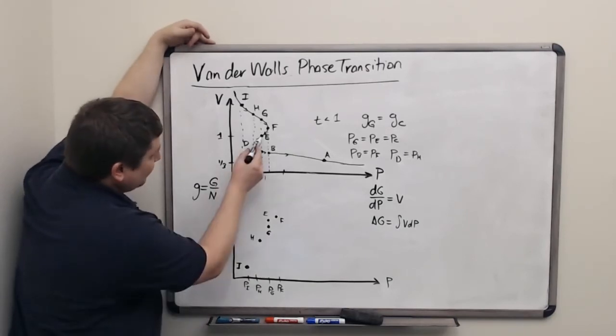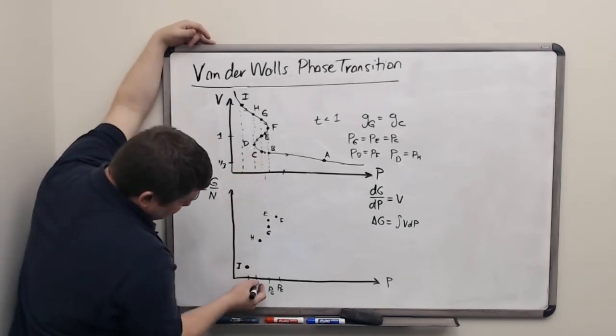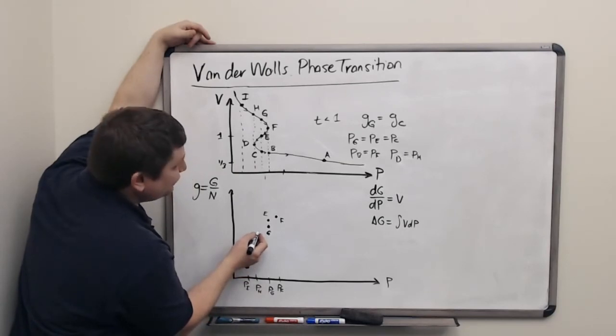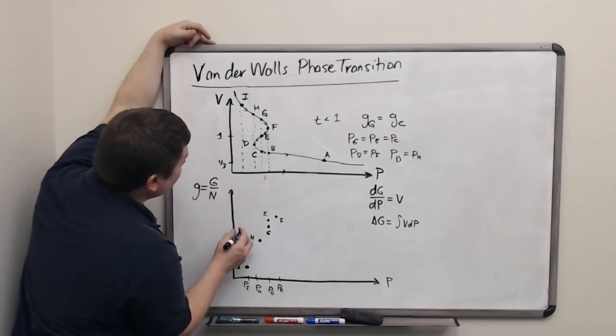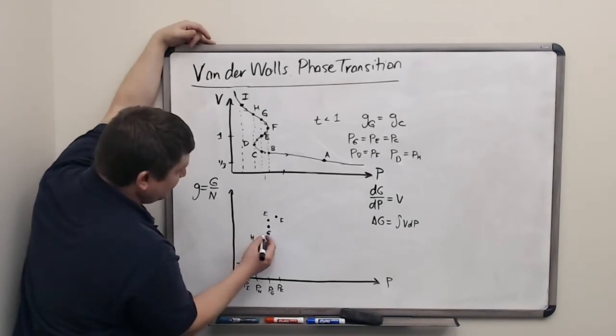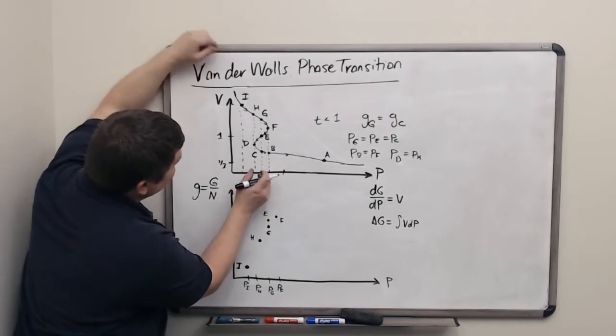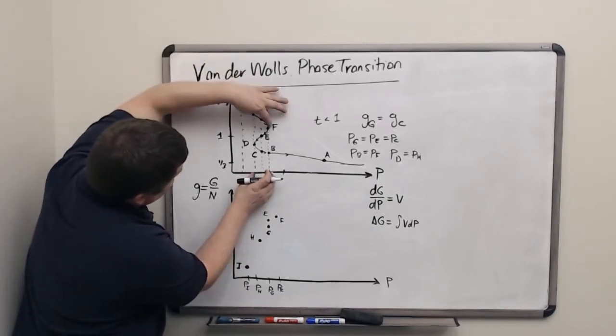All right, then let's go from E to D. D has the same pressure as H, and it's another decrease. And let's think about how big this is. From H to F, we have this entire area here.